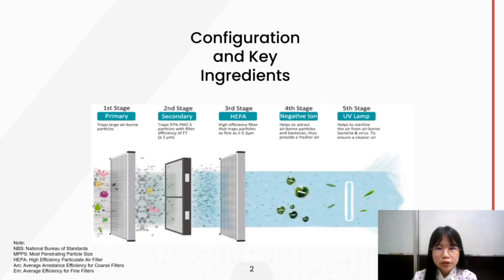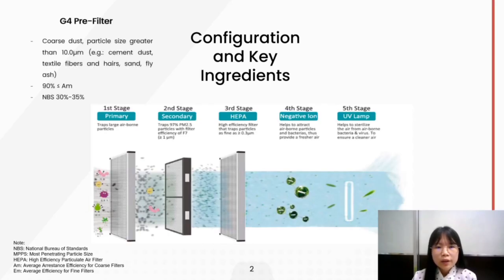Next is the configuration and key ingredients. First, the G4 pre-filter acts as the primary filter, which will filter out coarse dust with particle size greater than 10 micrometers, such as cement dust, textile fibers and hairs, and so on.